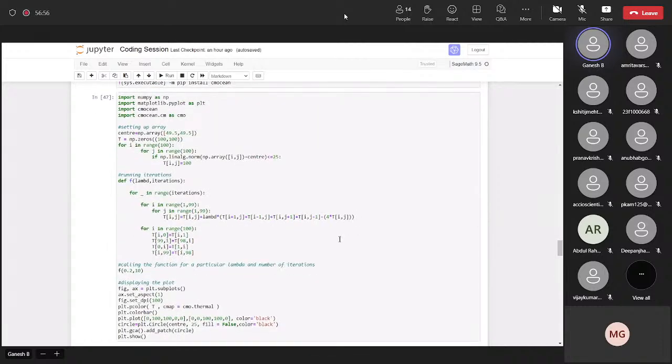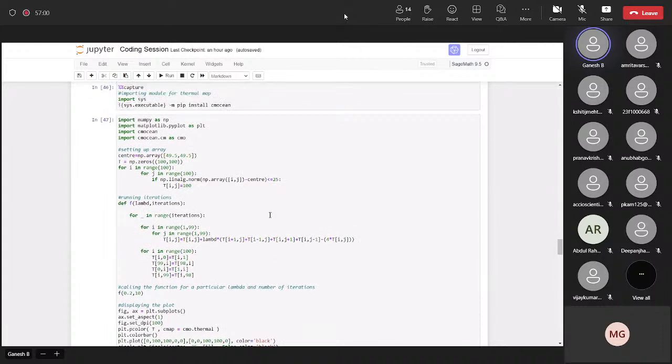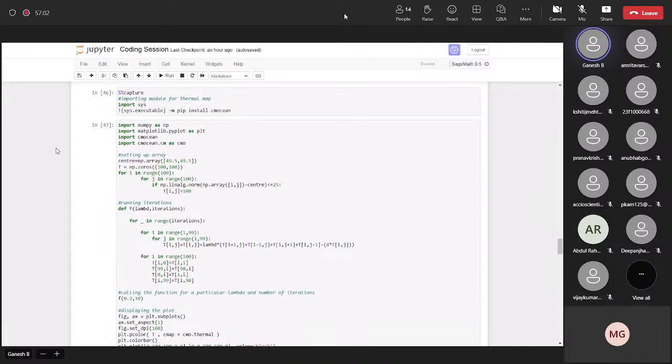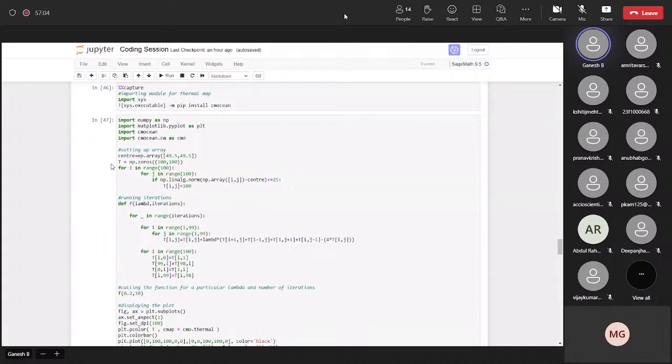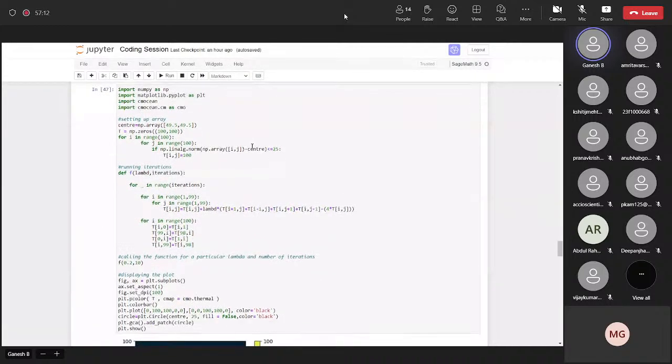This is the code for it. I don't have much time to explain the code; I will share the notebook and go through it. What it essentially does is, as you can see, I have set up the array, which holds the temperature of each node, including all the boundary conditions. This function takes the lambda value and the number of iterations.